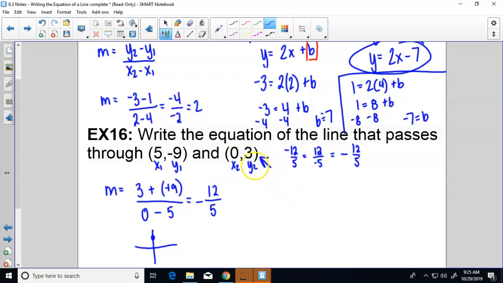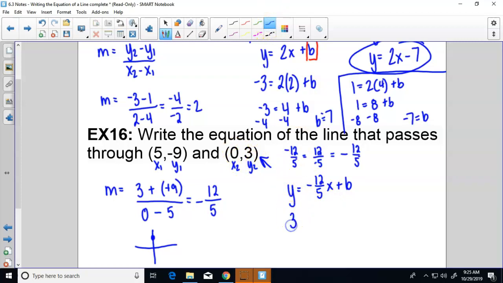So if we needed to, we could do y equals negative 12 over 5x plus b. And then we would pick one of these points. Probably you would pick 0, 3 because it looks easier, even if you don't realize it's the y-intercept.